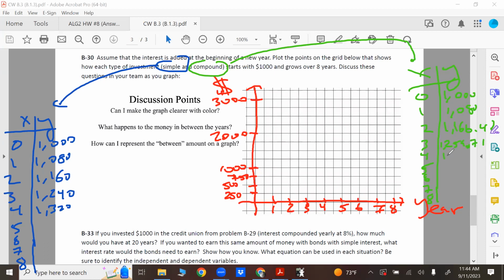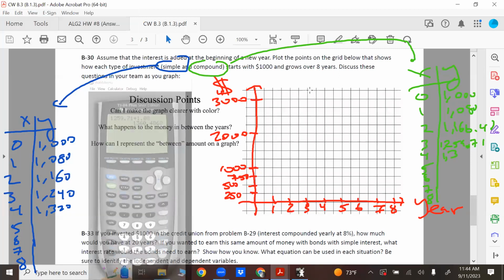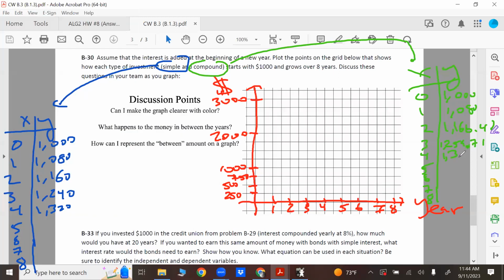And then what do we have for the fourth one? What was it? 1,300. What do you guys get? Oh, 1360.49. Okay, 1360.49. So fill out the rest of that table, and you're going to plot the points.